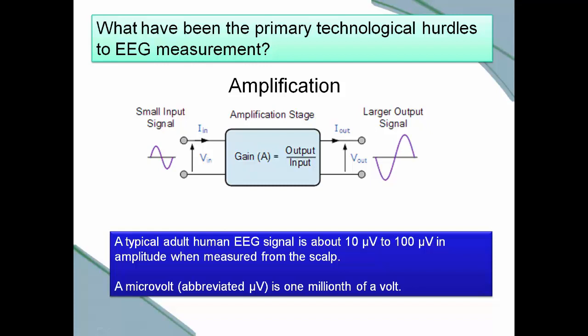And third, and this actually is the most difficult, we've already had two difficult problems: A, sensing, B, amplifying. Third, we have what's called a signal to noise problem, and we'll get into that in a minute. But as you can see here, we have a small signal in, an amplifier, and a larger signal out. So that's a lot easier said than done.